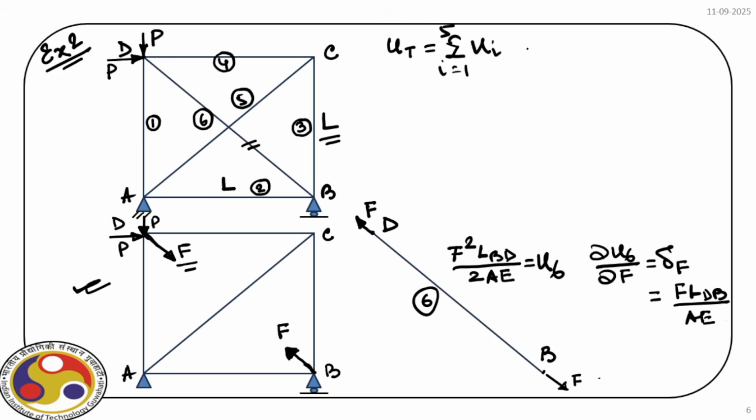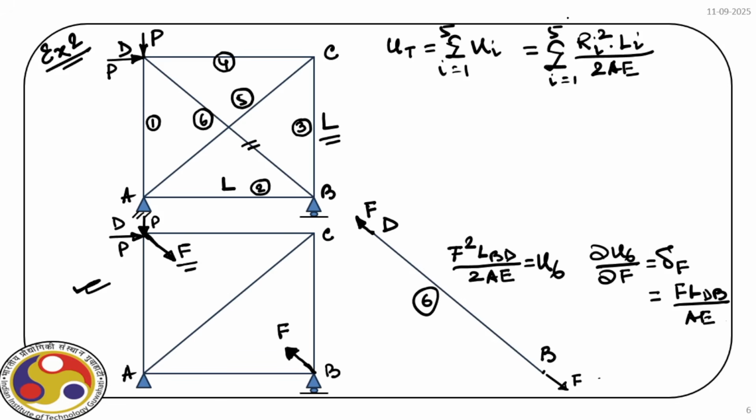Now let the member forces be Ri, so Ri square times Li divided by twice AE is the strain energy stored in the ith member, and let us sum it up between 1 to 5.